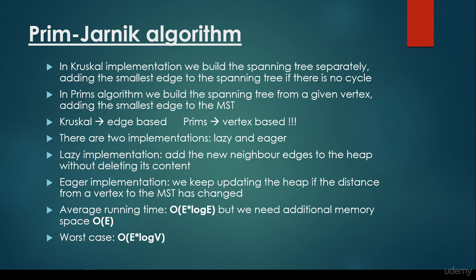The average running time is O(E log E), which means that it is linearithmic as far as the number of edges is concerned, but we need additional memory. So we definitely need O(E) space, where E denotes the number of edges in the graph. The worst case scenario is E log V, where V denotes the number of vertices in the graph.